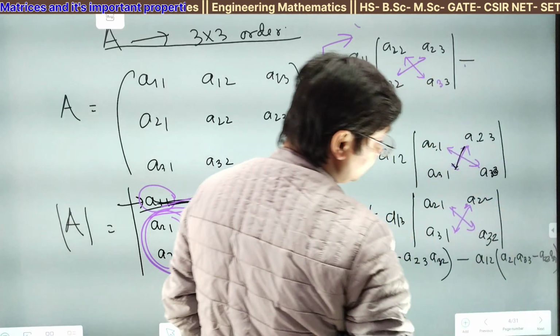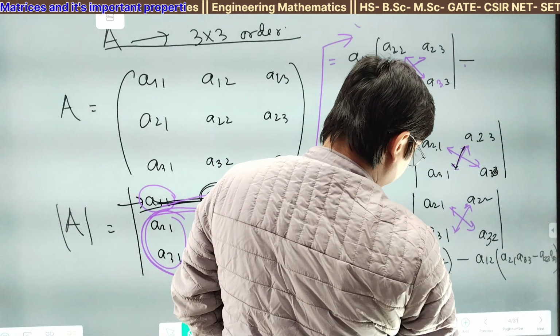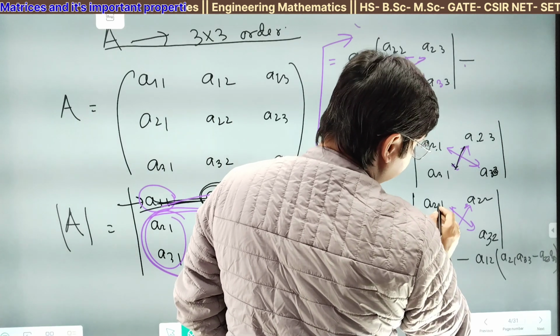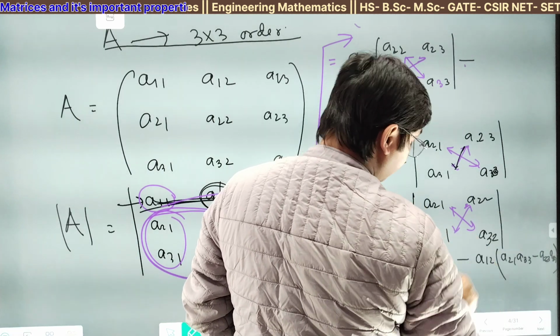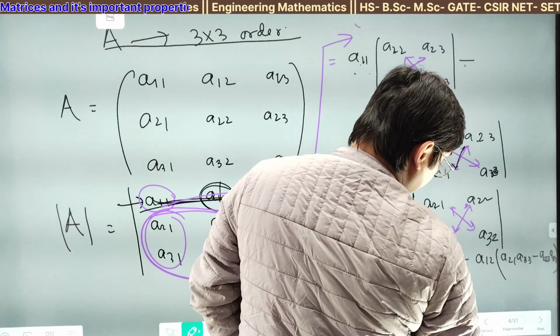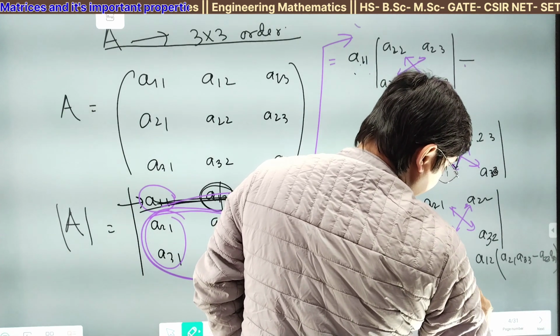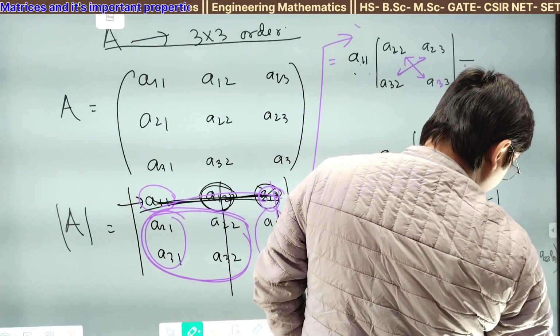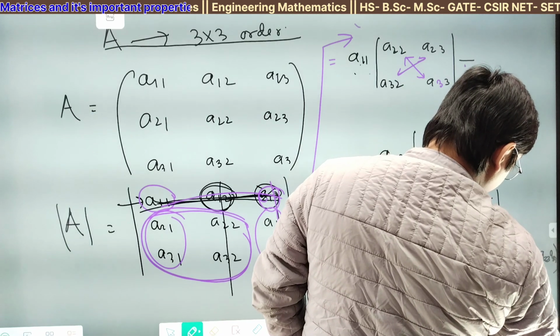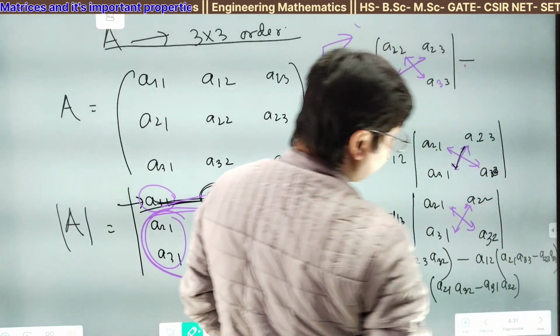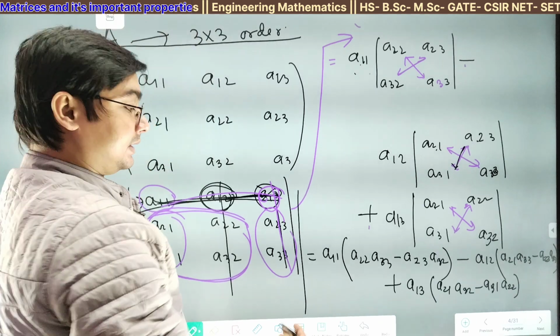Yes, and then here you put plus A13, and then again you find the determinant of this one. This will be A21 A32 minus A31 A22. Yes, so this is the value of this determinant.